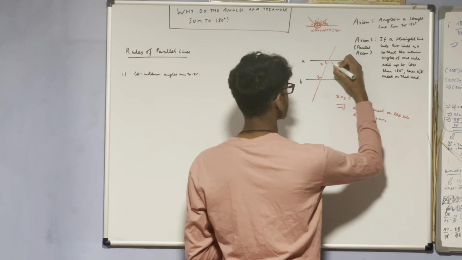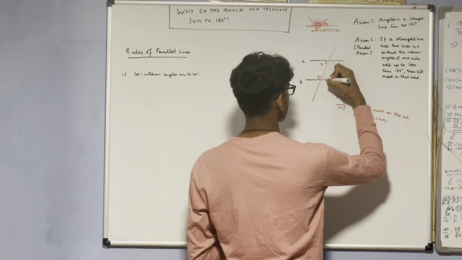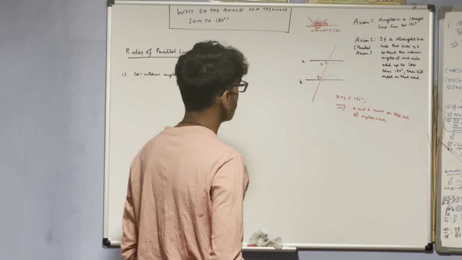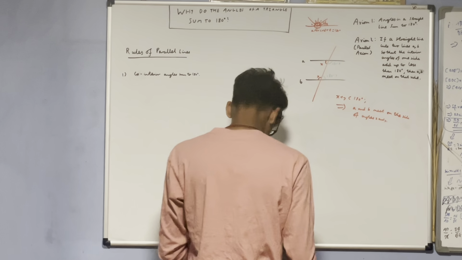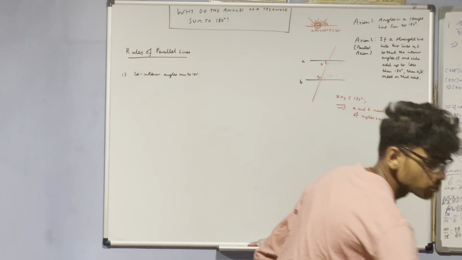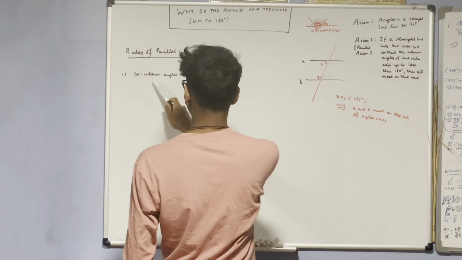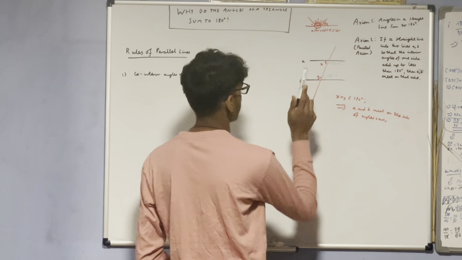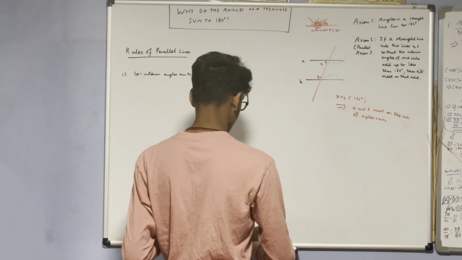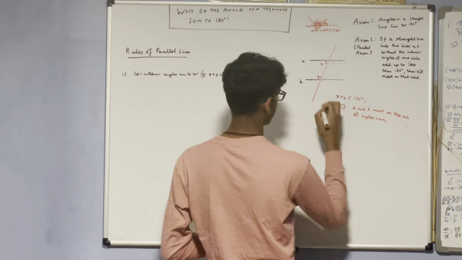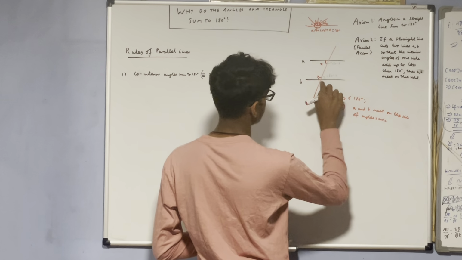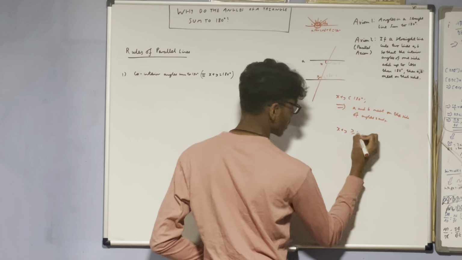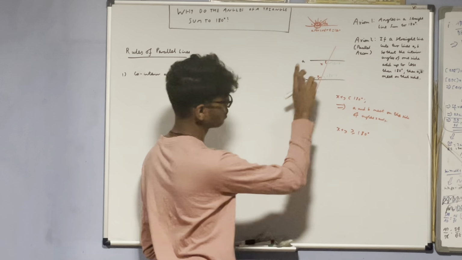By axiom 1, this is going to be 180 minus X and 180 minus Y. So by axiom 2, and this is going to lead into why co-interior angles sum to 180 degrees, because co-interior angles are X and Y. If X and Y are less than 180 degrees, we get that these two lines will meet on this side. So if A and B are parallel, X plus Y has to be greater than or equal to 180 degrees, correct?